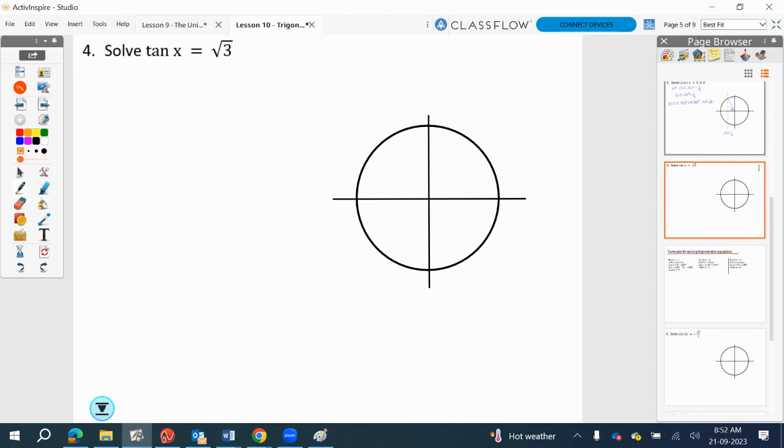Yeah, but I drew it as a diagram. Okay, wait, so let's put the line.